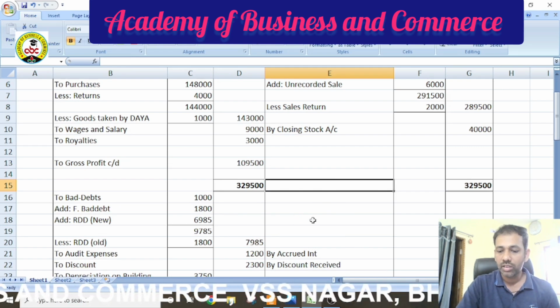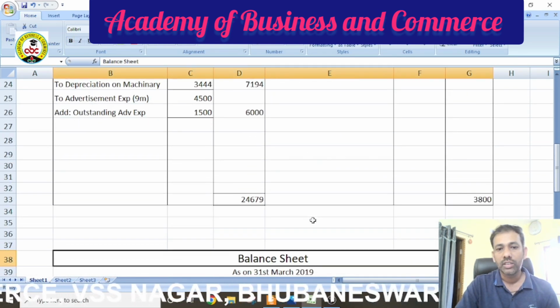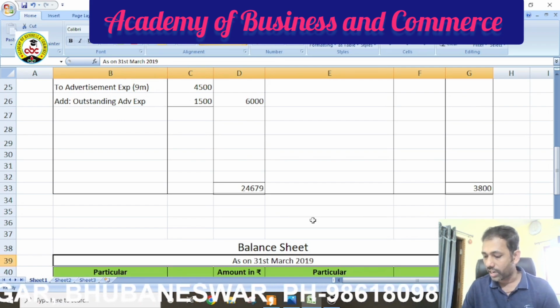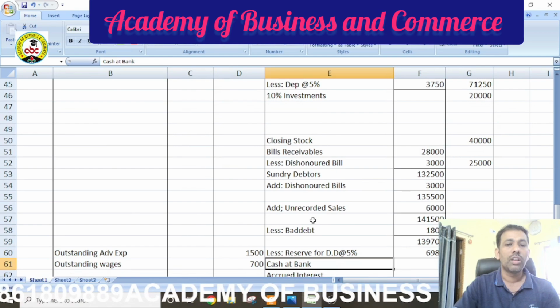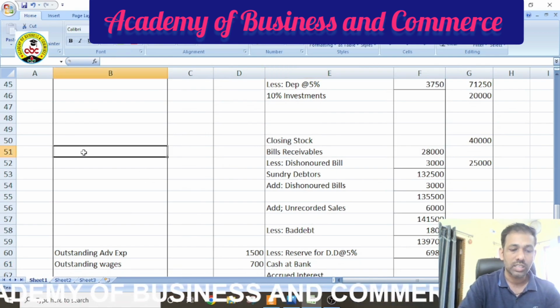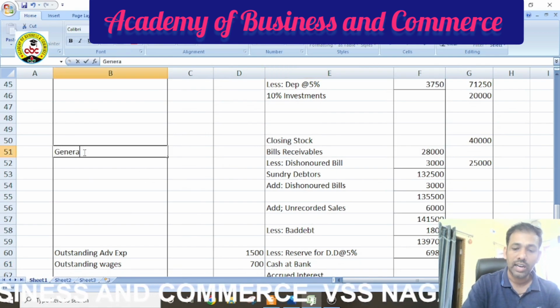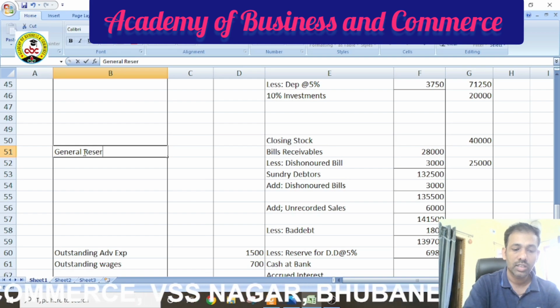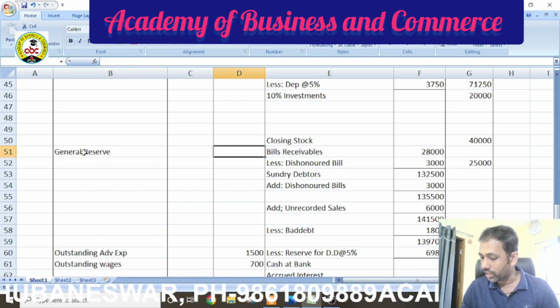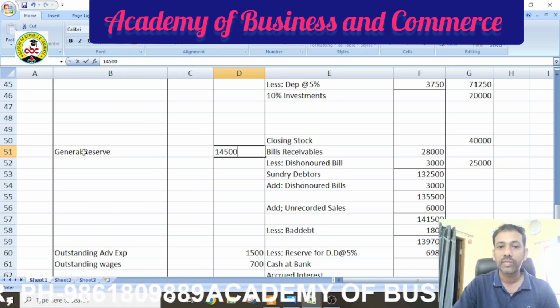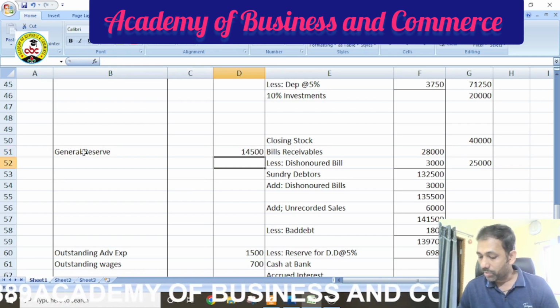And all the items we have taken; now we just have to take the credit side of general reserve. General reserve is an item which you have to take on the liability side of the balance sheet. The general reserve amount is given on the credit side, that is 14,500. And the next item is capital.